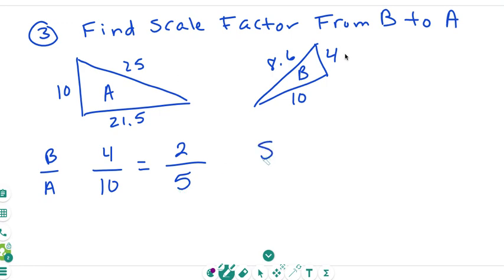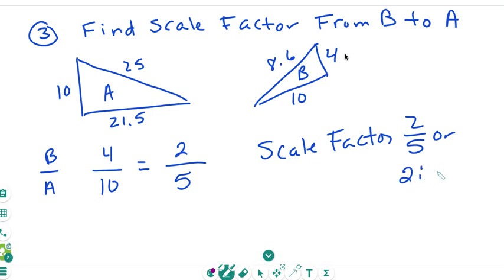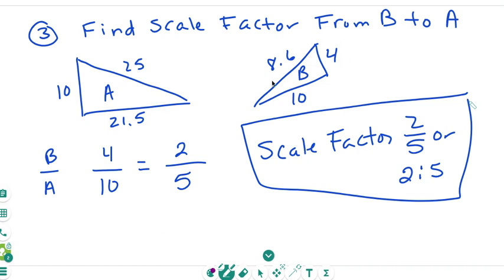So my scale factor is going to be 2/5. Now notice that if this said I was looking for my scale factor going from A to B, then my scale factor would be 5/2.